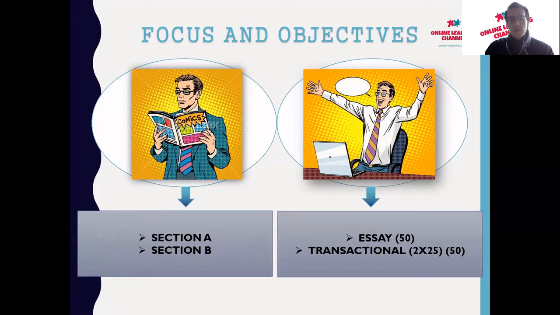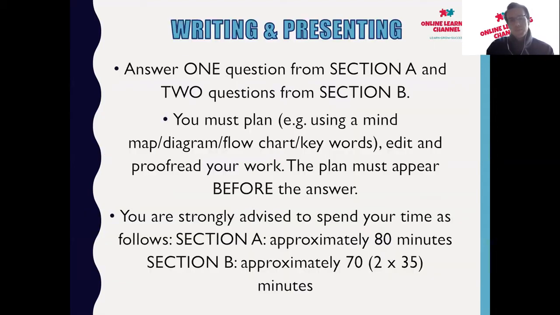It is now focusing on section A and section B. Section A is the essay section of the paper, and section B is the transactional text section of the paper. You'll notice that the essay section is out of 50. You are required to write 1 essay that is worth 50 marks, and then you are required to write 2 transactional pieces that are both worth 25 marks, which would then total 50.